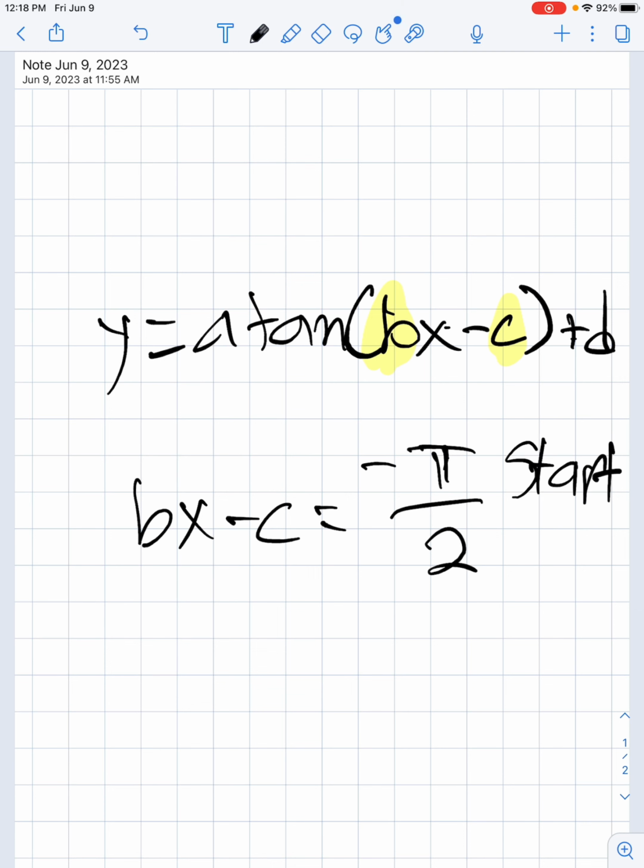With that, you then need to find the end asymptote, where bx minus c equals negative pi over 2. Oh no, regular pi over 2, my bad. And that would be the end asymptote, so you could find the correct period and how the graph looks overall.